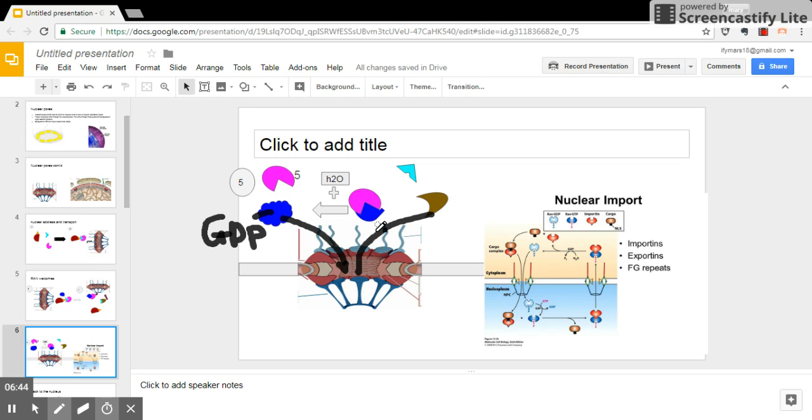Before we get into that, you should know that what drives this hydrolysis is done by a protein called RAN GAP1.